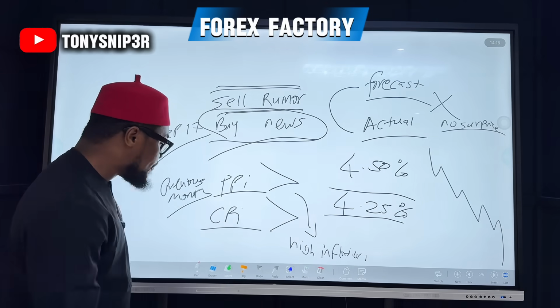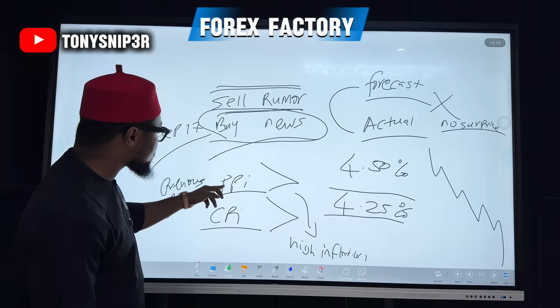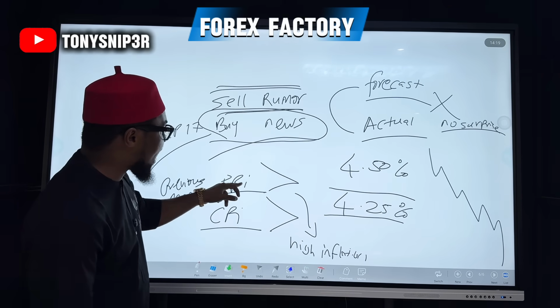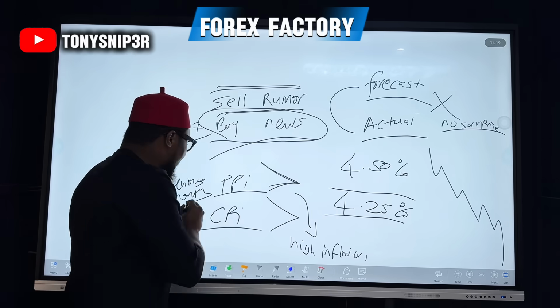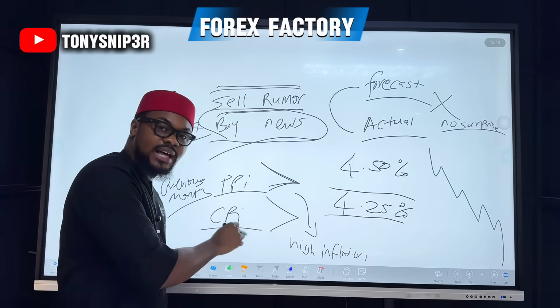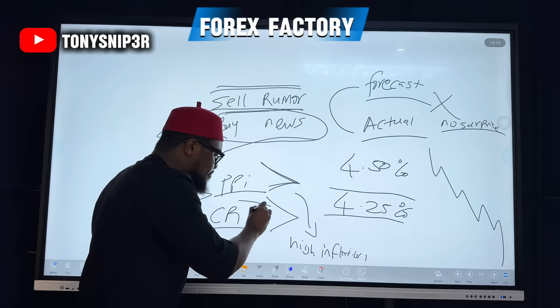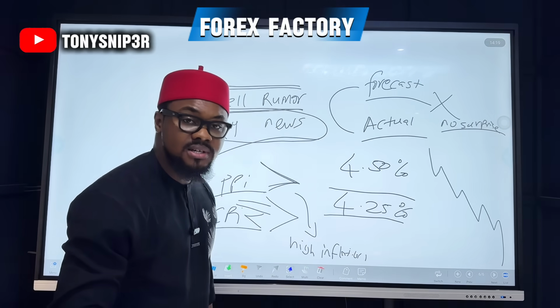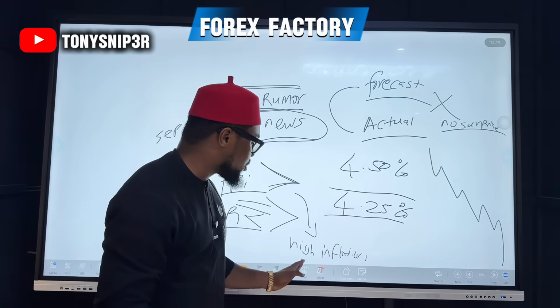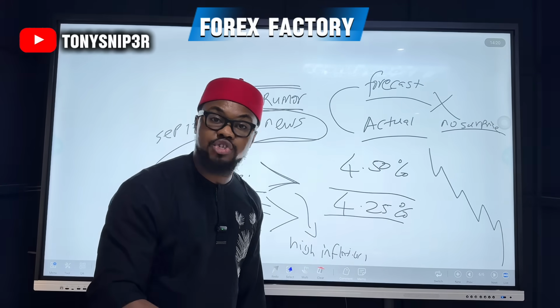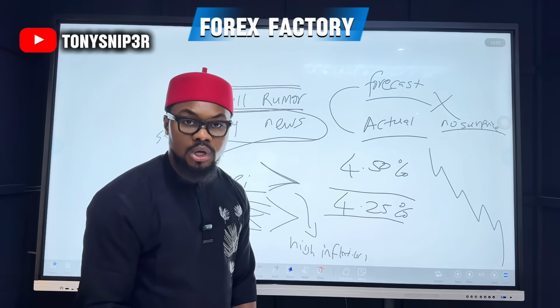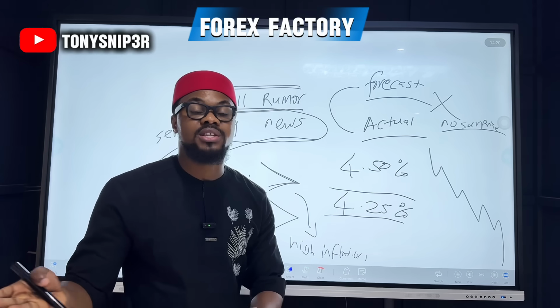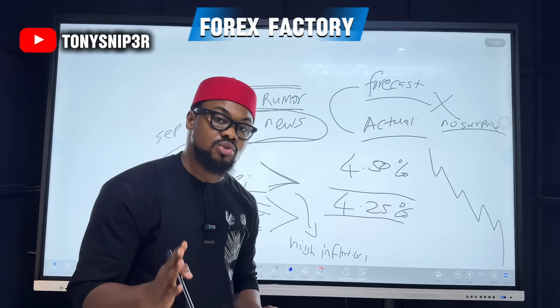Do you understand? But if the previous month's PPI is increasing and the current month's CPI that came out is the same or less than the forecast, then inflation is not really reducing, but it is being controlled, or there are other things which are taking the government's attention. You need to pay attention to that.